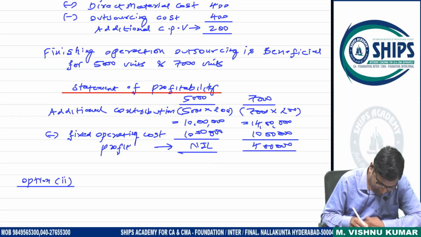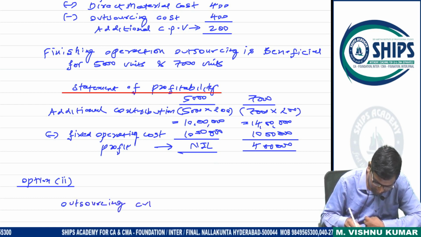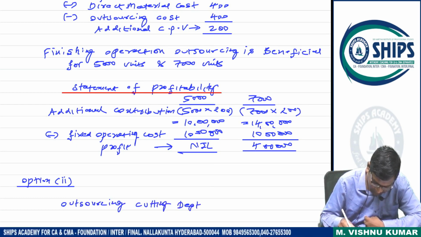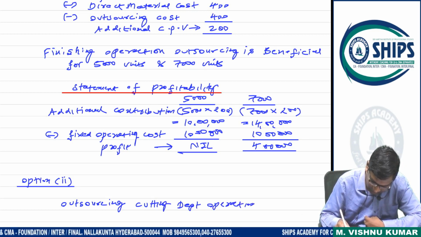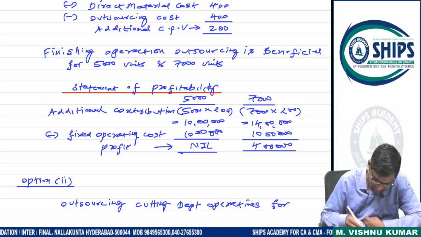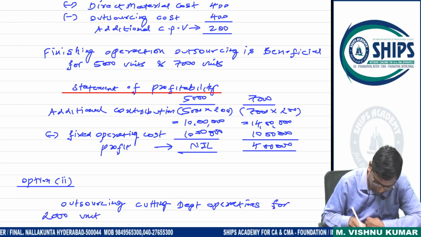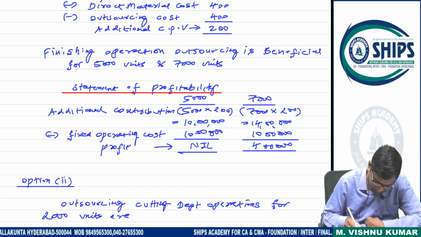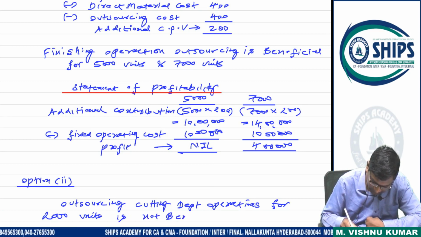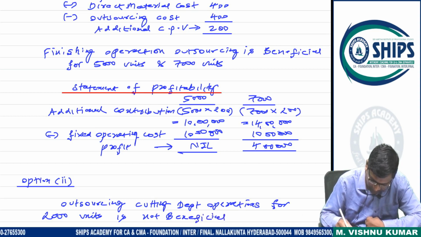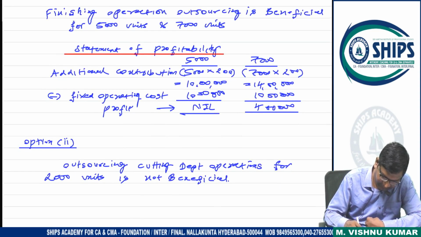So here, outsourcing cutting department operations for 2000 units is not beneficial. Clear?